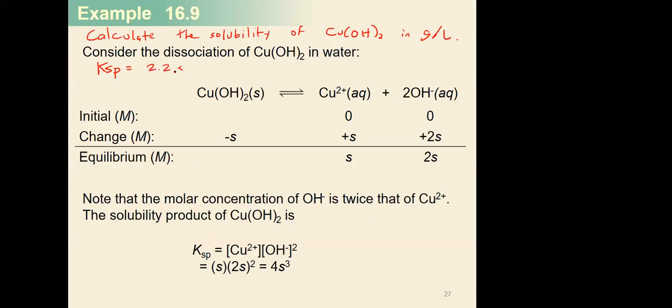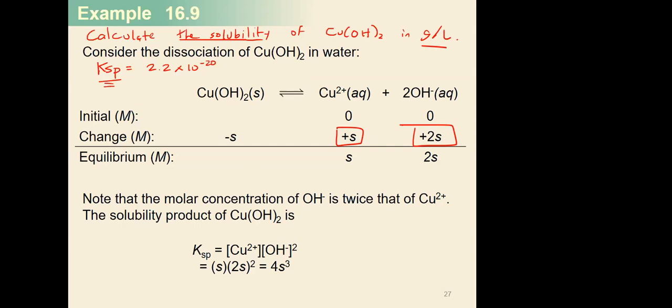So the way that you're going to do this one is from the Ksp, you're going to get the gram solubility of your copper hydroxide. So if we look at the equation for this one, you have a plus S there and a plus 2S because you have 2 hydroxide for every copper hydroxide.